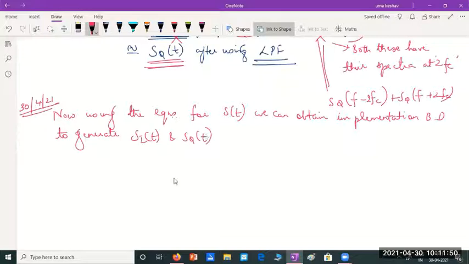In the sense, you are given the bandpass signal S of t. From that, if you are supposed to generate the in-phase and quadrature phase components, how would you do it?